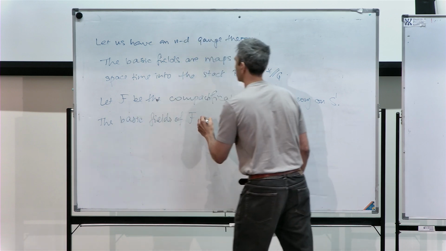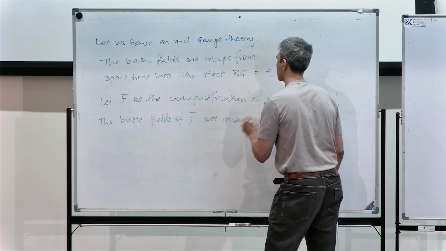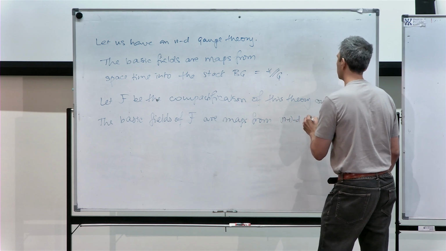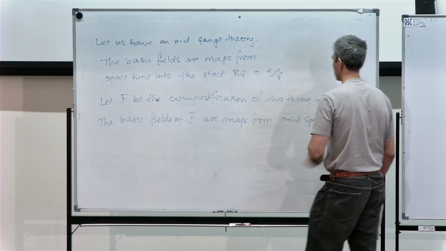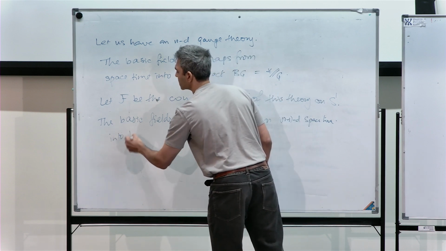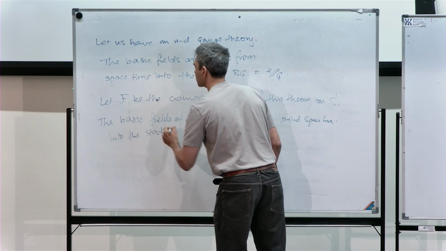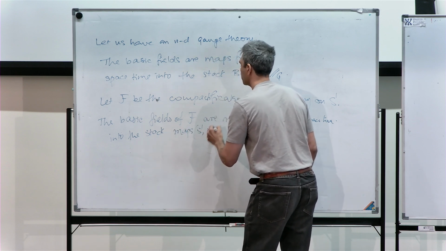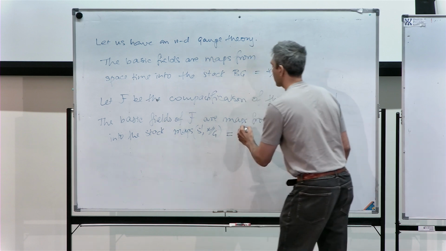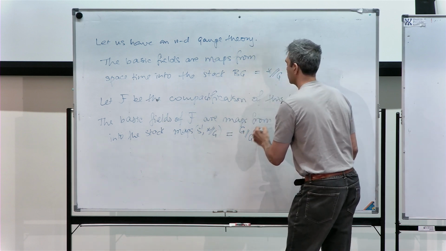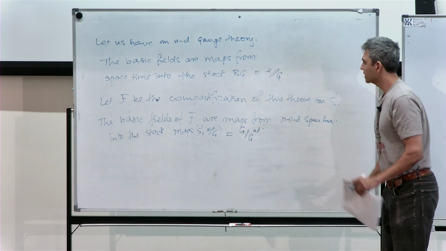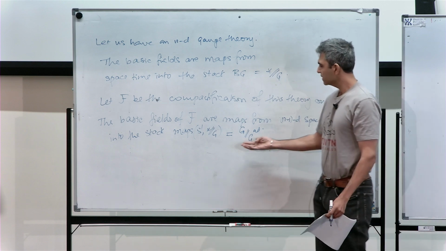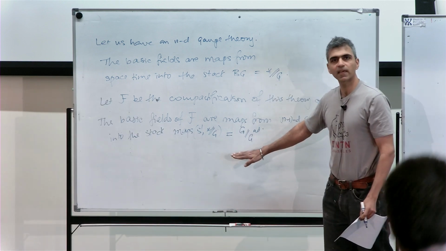The basic fields of F are maps from (n-1)-dimensional spacetime into the stack of maps from S1 into point mod mod G, which is the stack G mod mod G with the conjugation action, the adjoint action. So when I compactify my n-dimensional gauge theory, the basic fields are going to be maps from your spacetime into the stack G mod mod G.